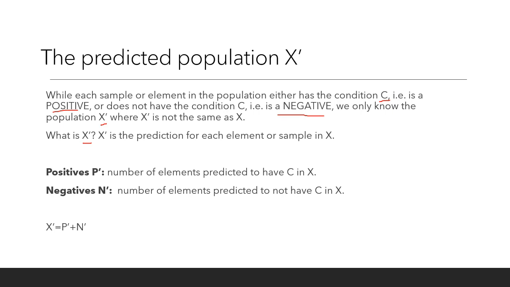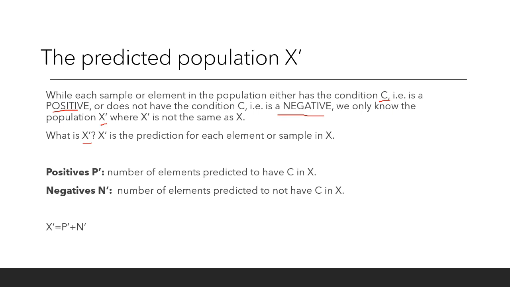X prime is the prediction, or corresponds to the prediction for each element or sample in X. So what we predict about people in the US, which is each element, gives us X prime.